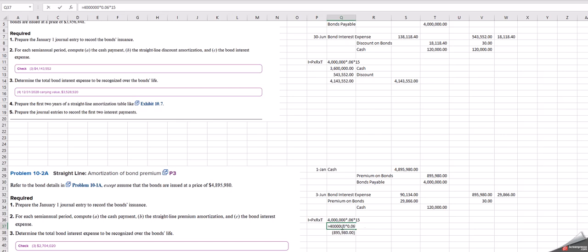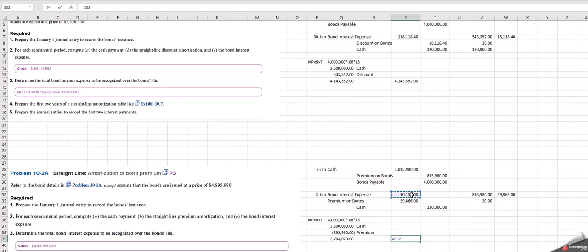So then that minus that premium gives us $2,704,020.